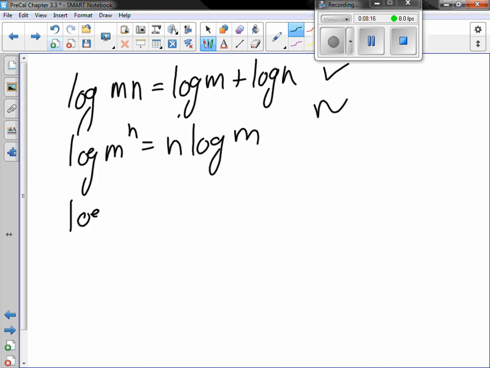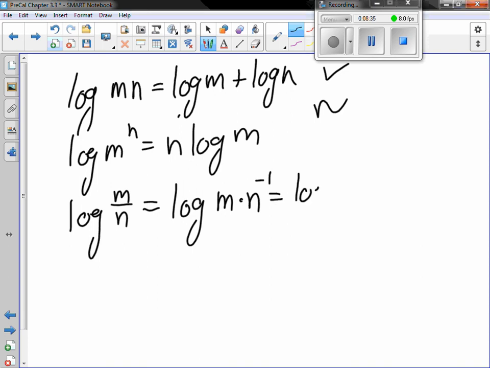Because now if we look at, say, log of m over n, is that the same as saying log of m times n to the negative 1? Because we can move it up from the denominator to the numerator, and we make the exponent negative. Okay, first property, well, this says that I have log of m plus log of n to the negative 1, yes?